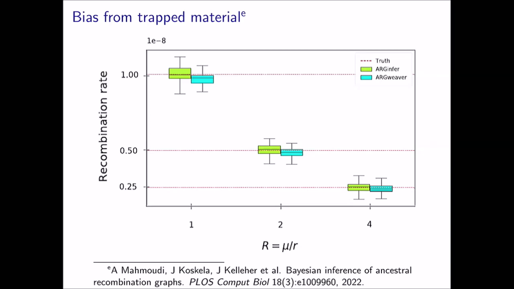to some extent. As you increase this capital R to 2 or 4, you get into a more and more data-rich scenario. So you have more mutations being informative and relatively fewer recombinations. And the relative performance of the two stabilizes. So if you have a lot of mutations relative to recombination, then probably this bias isn't something you need to worry about. But this capital R equals 1 is about the human-like regime.